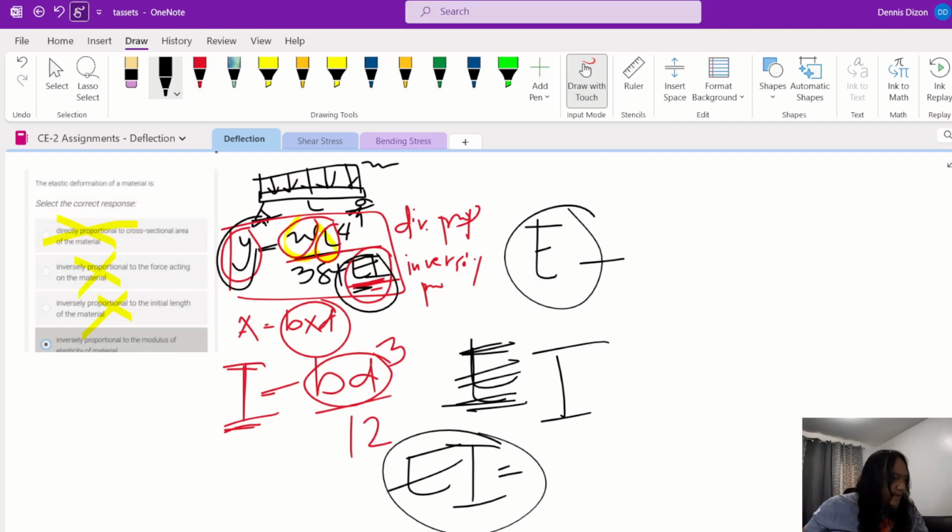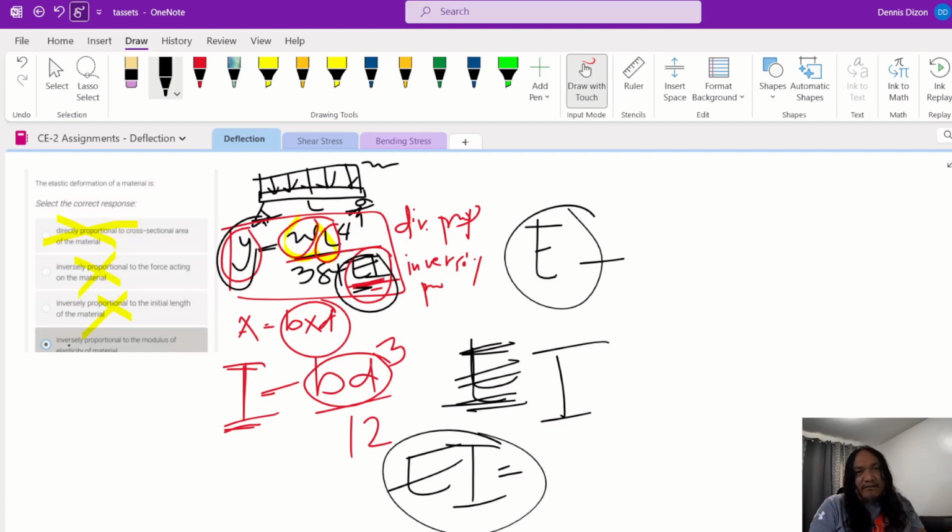So again, his choice now is letter D, which is the correct one. I hope I explained this clearly. So you'll just have to familiarize with all the notations, symbols in design.